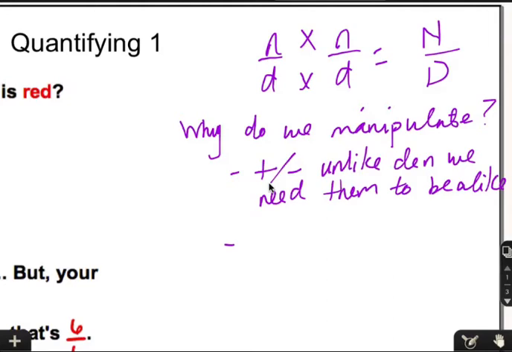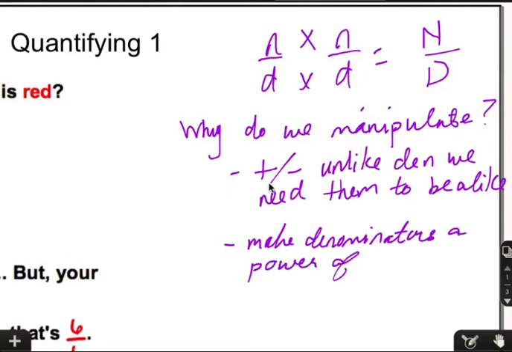What we're also going to be using the magic one for is to make denominators a power of 10. And a power of 10 is equal to 10, 100, 1,000, and so on, right?